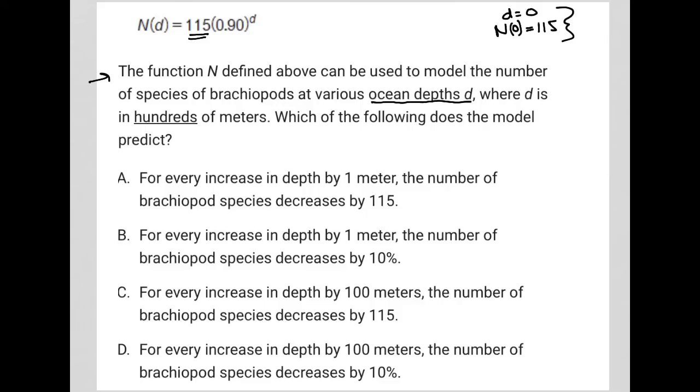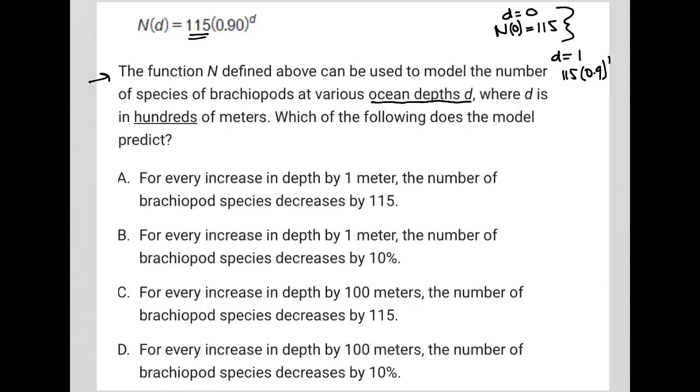So choice A, for every increase in depth by 1 meter, the number of brachiopod species decreases by 115. Well, first of all, that doesn't seem to be true at all. But second of all, we can definitely test it, right? Because when d is equal to 0, we get 115. But when d is equal to 1, we'd get 115 times 0.9, because 0.9 to the first power is just 0.9.